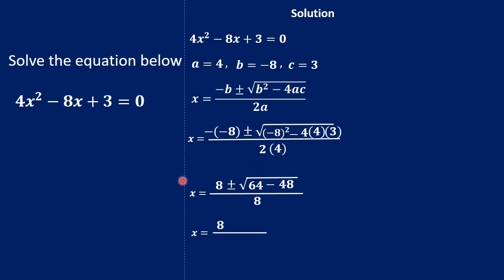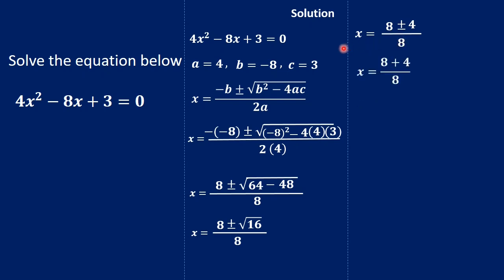So x is equal to 8 plus or minus square root of 16. That is 64 minus 48 is 16. And square root of 16 is 4. So we have 8 plus or minus 4 all over 8.